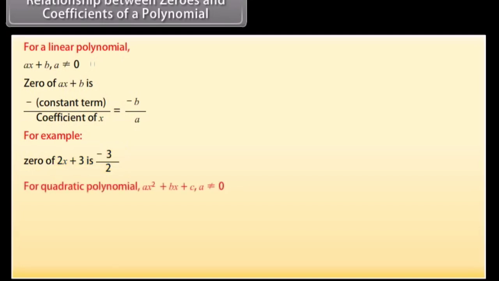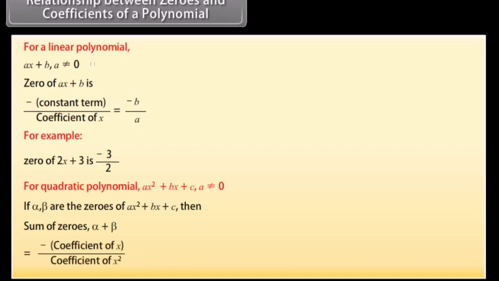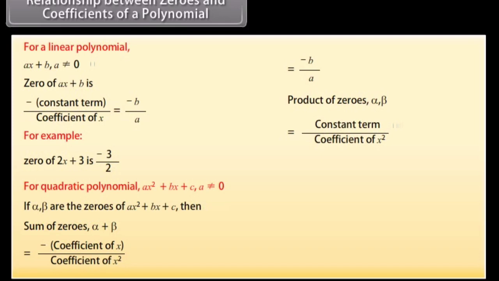For a quadratic polynomial ax square + bx + c, a is not equal to 0. If alpha, beta are the zeros of ax square + bx + c, then the sum of zeros, alpha + beta, is equal to minus coefficient of x upon coefficient of x square, which equals -b/a. The product of zeros, alpha beta, is equal to constant term upon coefficient of x square, which is c/a.